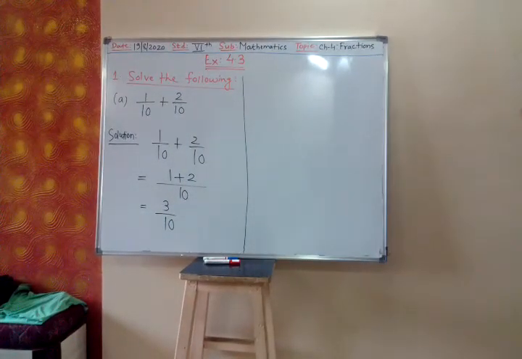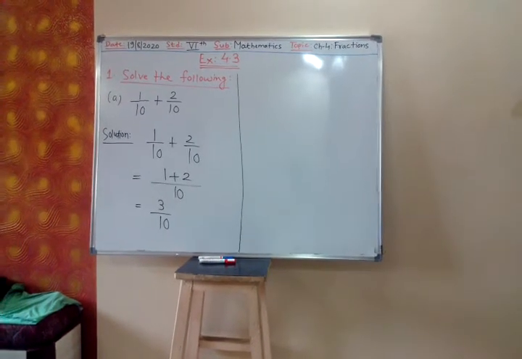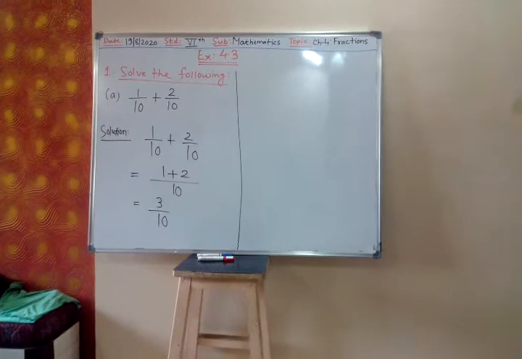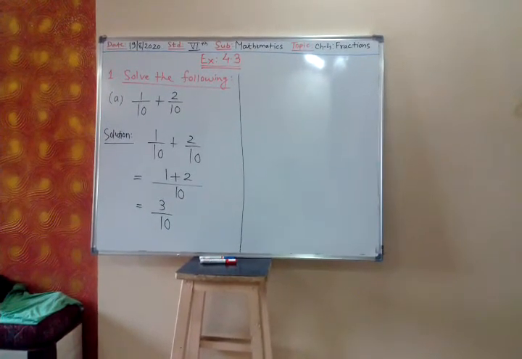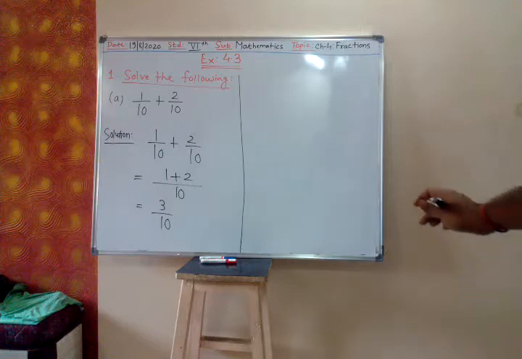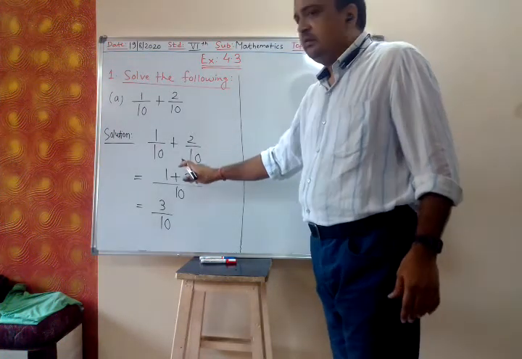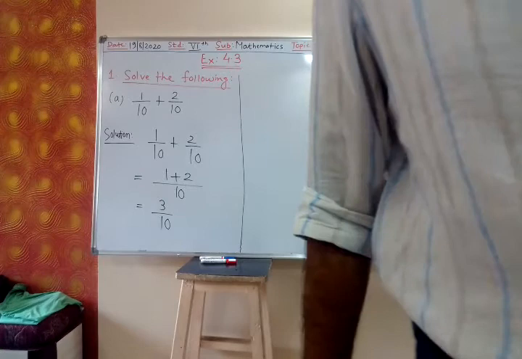We can add or subtract like fractions. So 1 upon 10 plus 2 upon 10, they are like fractions. Now it is clear.